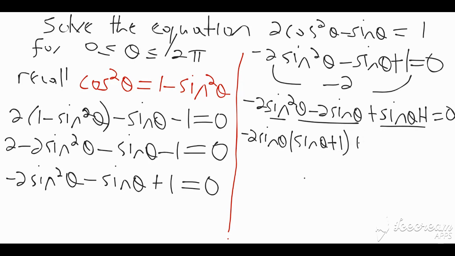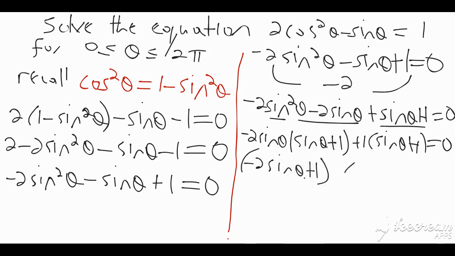And over here, between sine theta and 1, we can only factor out a 1. So we still have sine theta plus 1 equals 0. So this gives me negative 2 sine theta plus 1 multiplied by sine theta plus 1 equals 0. And the concept is that if we have two things that multiply to give us 0, then one of them must be 0.